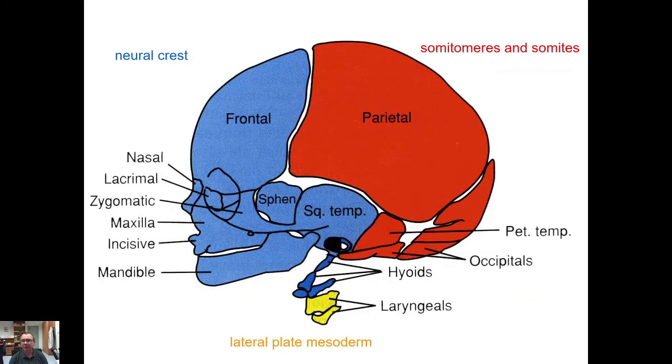If we look at the whole skull, we can see the border between the frontal and parietal bone. The parietal bone is from the somite, or somitomere. The frontal bone is from neural crest. Also here it's a little complicated in the temporal bone, whose squama is from neural crest, but the petrous part and base are from paraxial mesoderm.